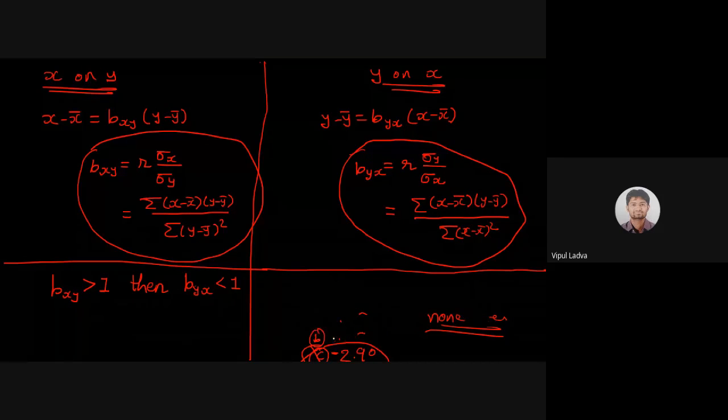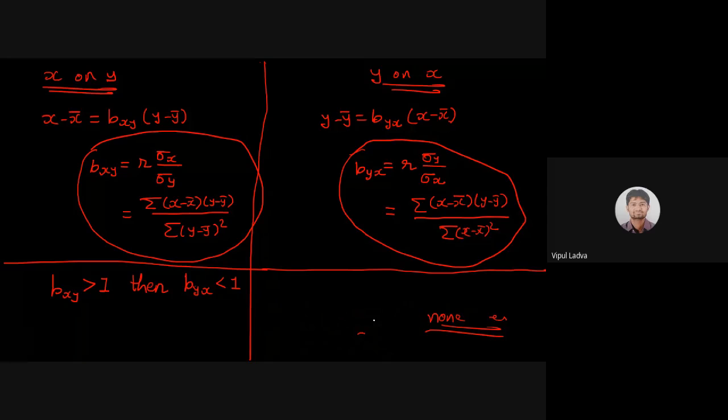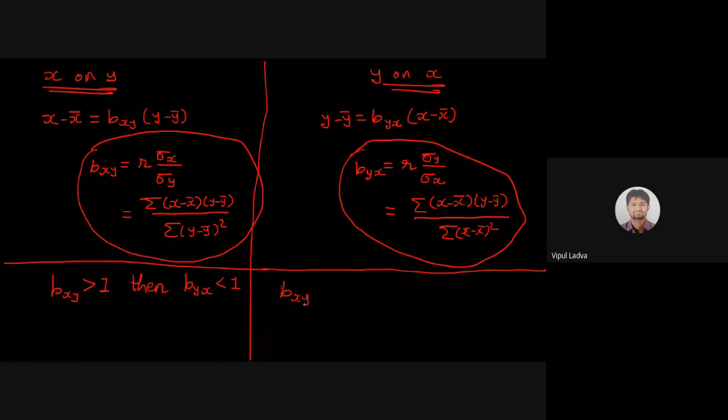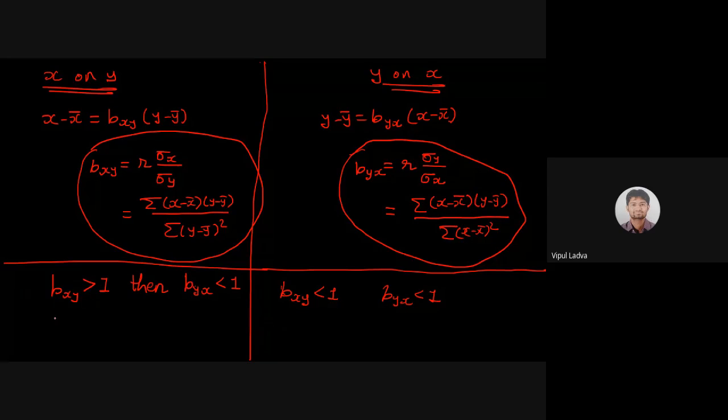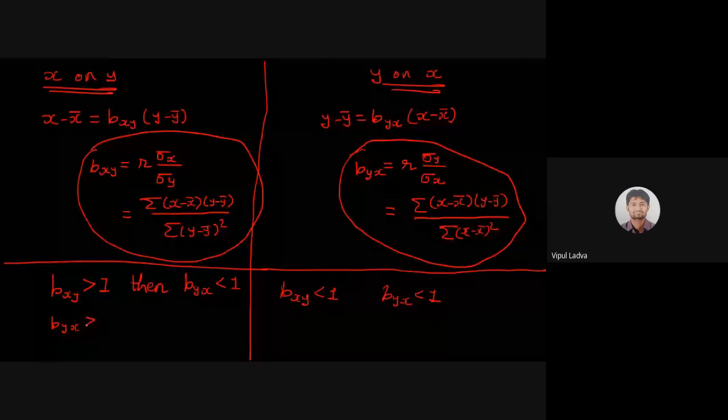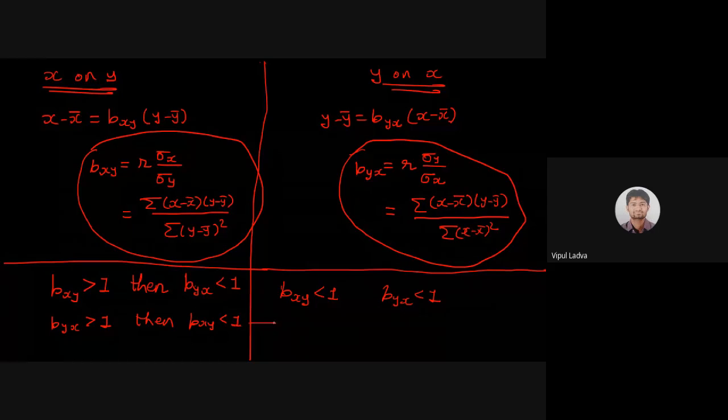But what does this property say? If one regression coefficient is greater than 1, then the other will be less than 1. But it can also be that if bxy is less than 1, then byx is also less than 1. It is possible. It is also possible that byx is greater than 1, then bxy is less than 1. It is totally possible. But what is impossible?